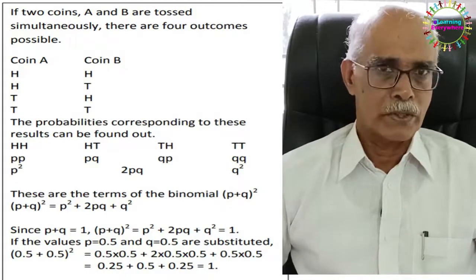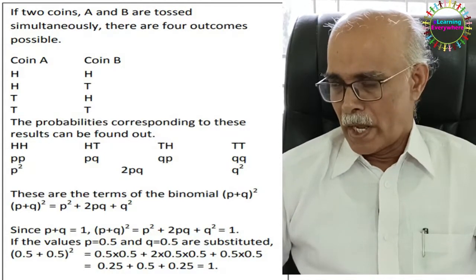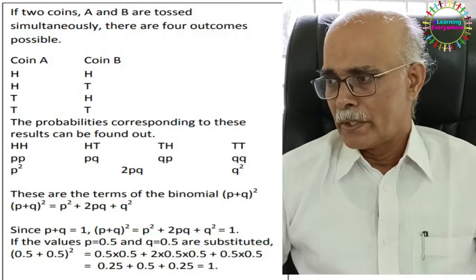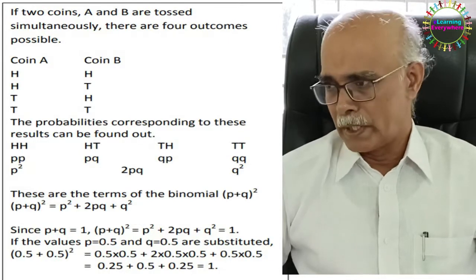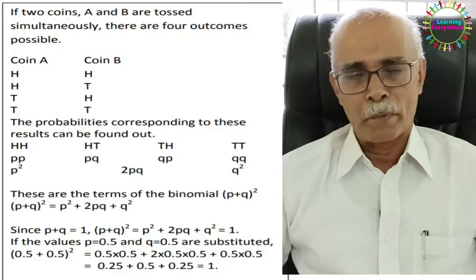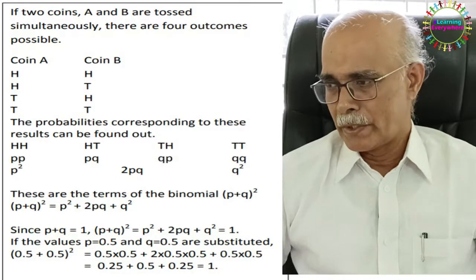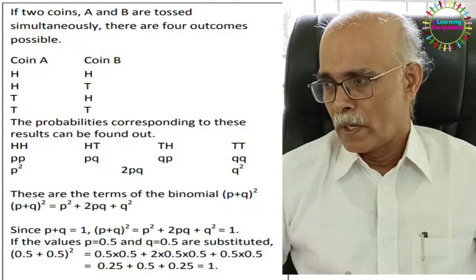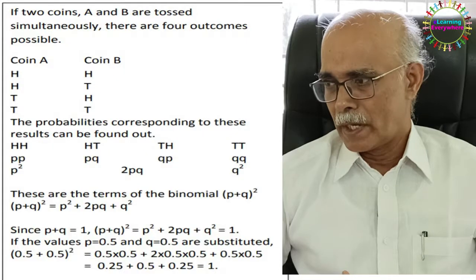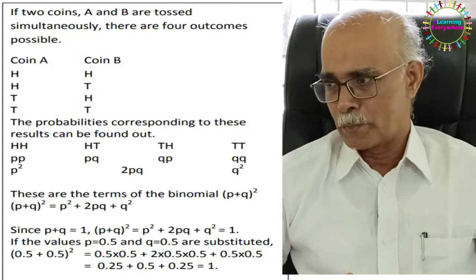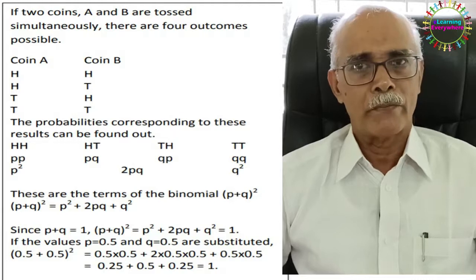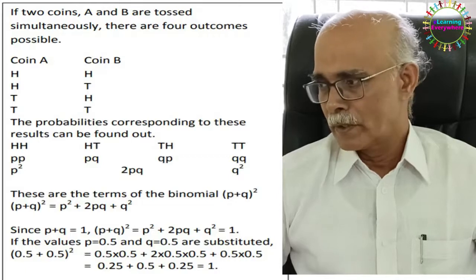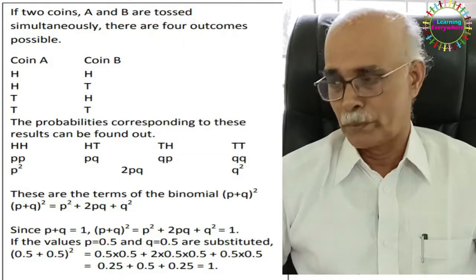and two tails, TT. If P is the probability of obtaining head and Q is the probability of obtaining tail, the probability of obtaining two heads together can be plotted as PP, probability of getting a head and tail as PQ, probability of getting tail and head as QP, and the probability of getting two tails as QQ.